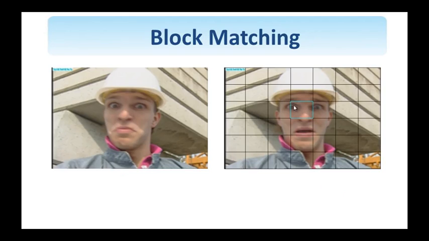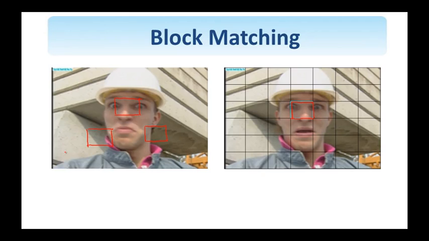We then consider a block in the current frame, the one shown here in cyan. I override it in red. We move this block to all possible positions in the previous frame. We move it, for example, here, or here, or here.